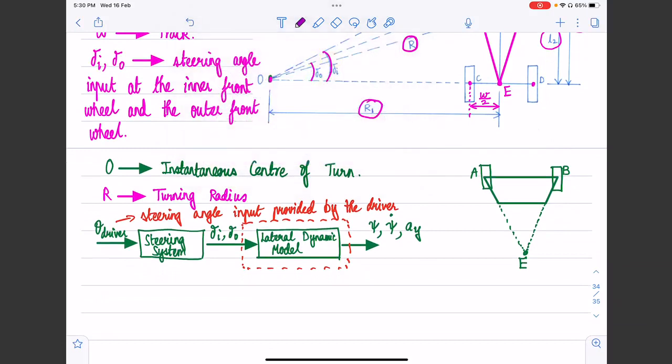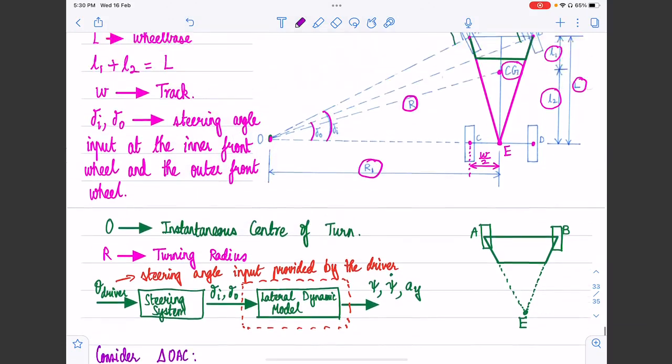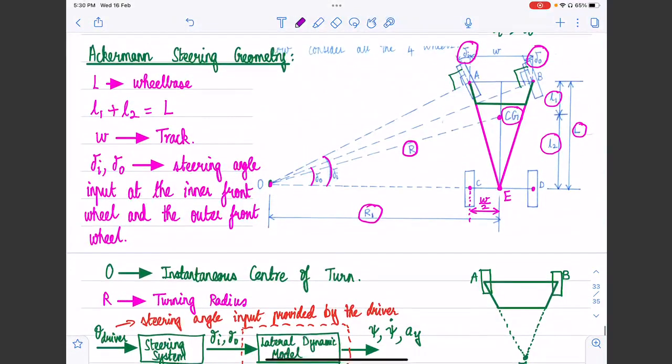Let us consider triangle OAC. Let me go up. What is this triangle OAC? It is this triangle. If I draw a line from A to C so that things are clear, we are going to consider triangle OAC.